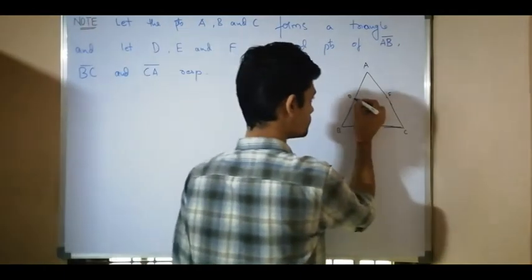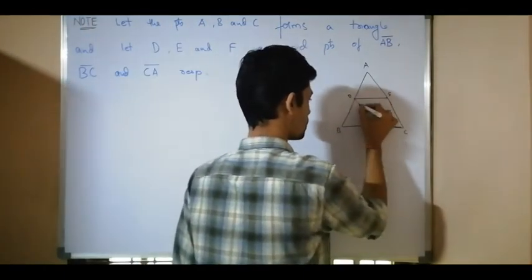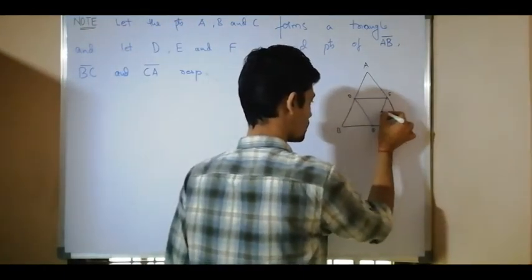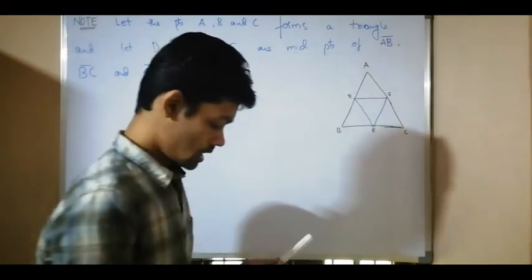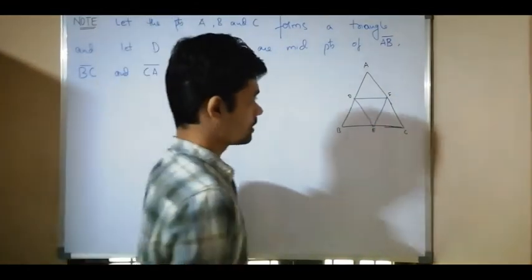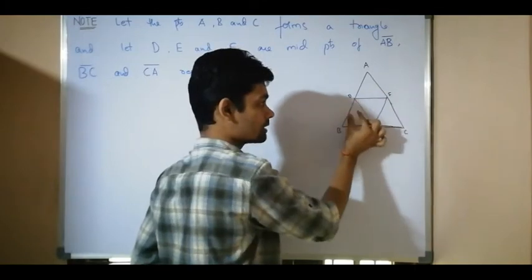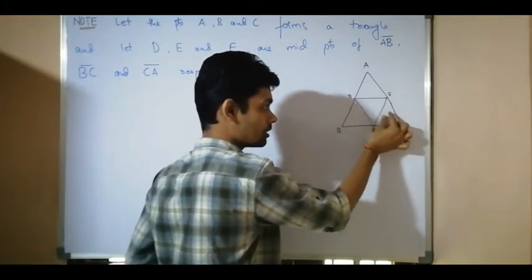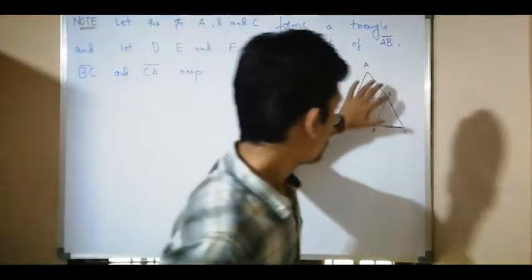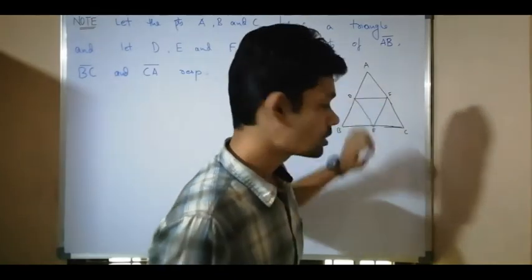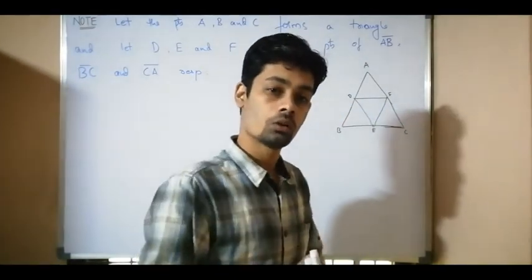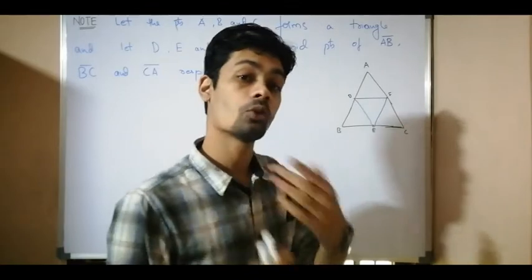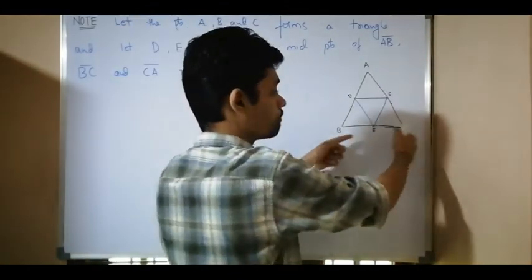Then the area of each of these four triangles is equal to 1/4 of the area of the main triangle.